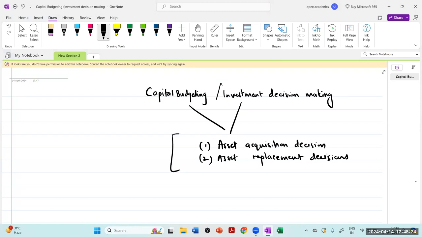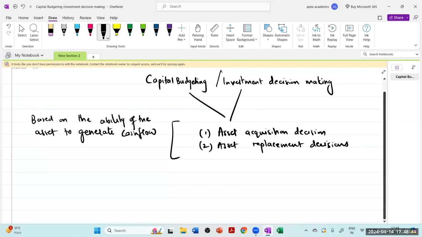Now, all these decisions are based on the ability of the asset to generate cash flow.